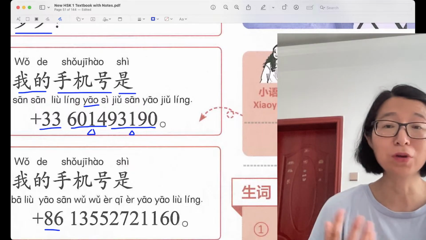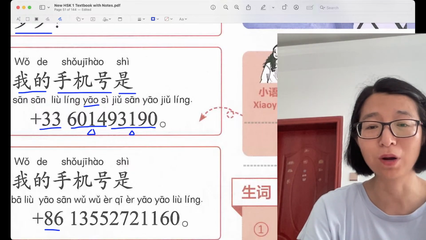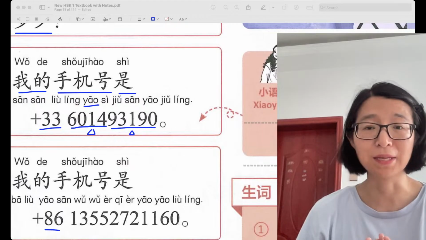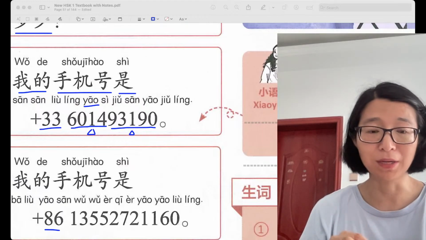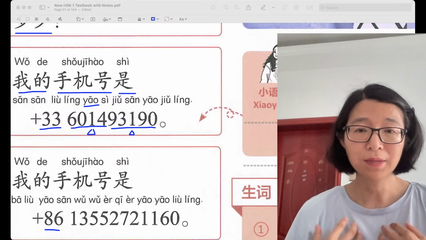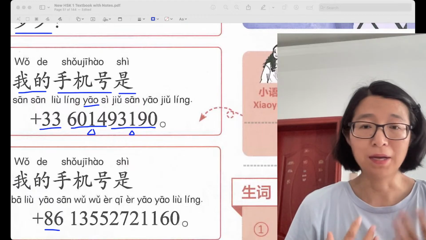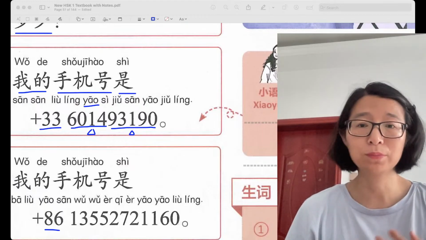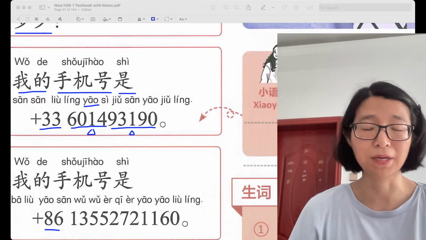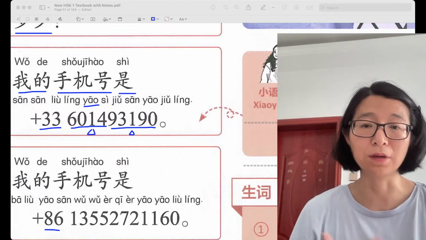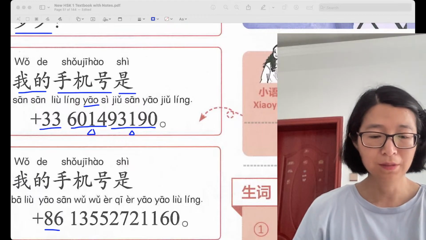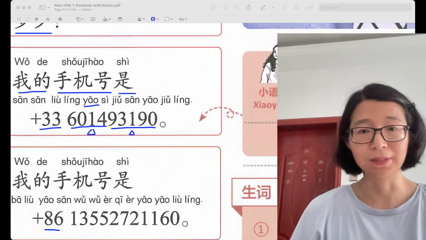Okay, guys, I know you guys are from different countries of this world. How amazing it is. And now we're learning Chinese together. So please comment below about your country code. Maybe I don't know because I only know some. For example, the country I lived in for 7 years, that is 6 years actually, 6年. That is UAE, and the country code is 971. 很好. Yeah, and some other countries.